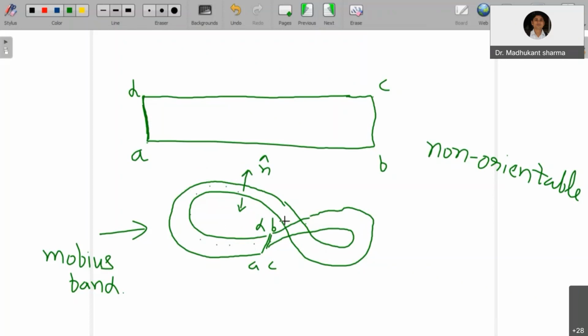So this is a non-orientable surface. This is one example of a non-orientable surface.